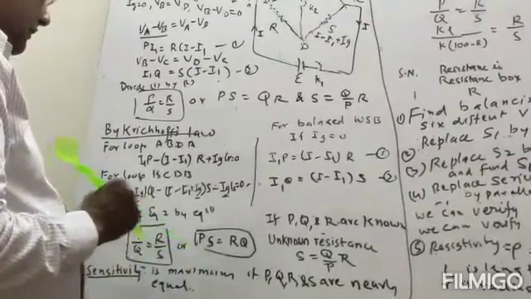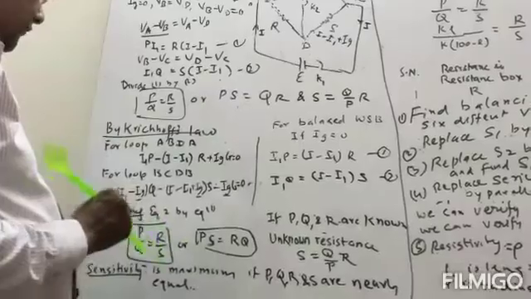Or we can also say P into S will be equal to R into Q.